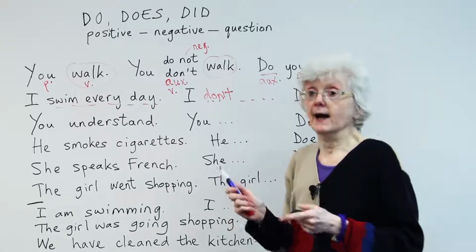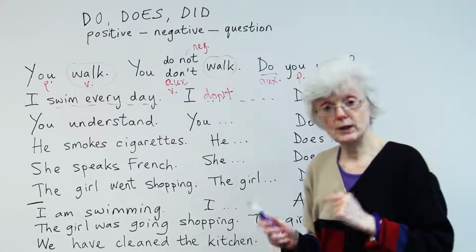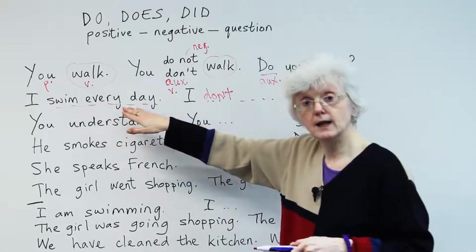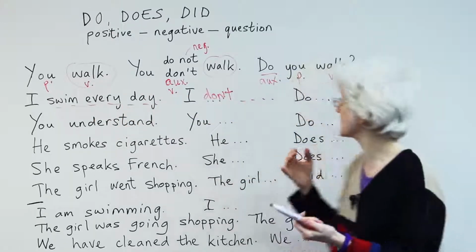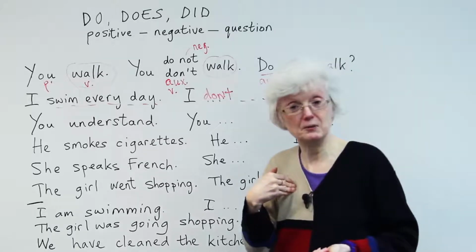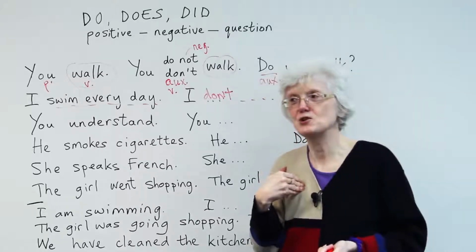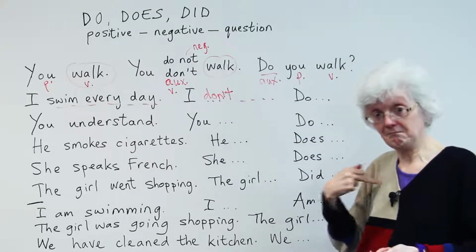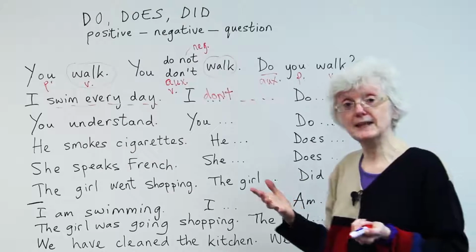Okay. And then again, for the question version of it, I swim every day. And then somebody asks, or I ask, I don't know why I would ask that question. I should know the answer, but what should it be?